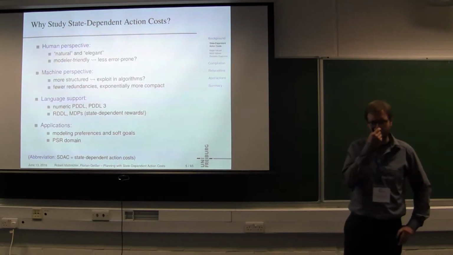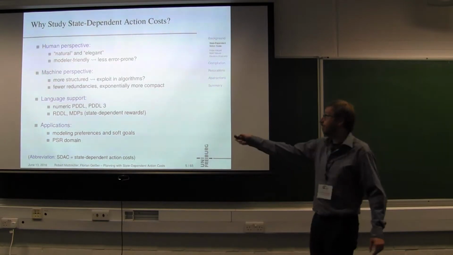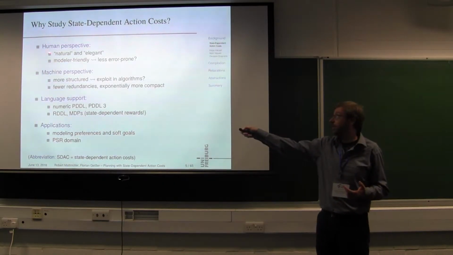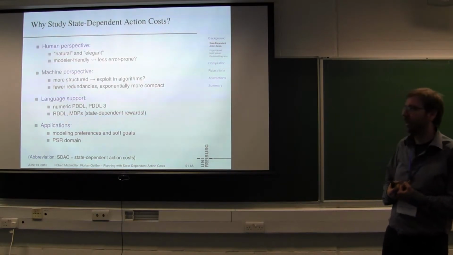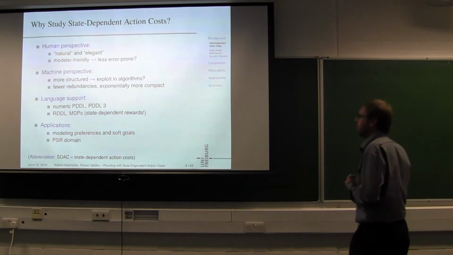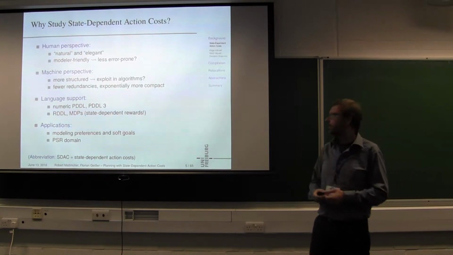The question is, why should we even study these state-dependent action costs? As I just said, from a human modeler perspective, they're quite natural, maybe also elegant, and we also hope that if a human modeler can rely on these state-dependent action costs when modeling, they might introduce fewer errors in the domain model.